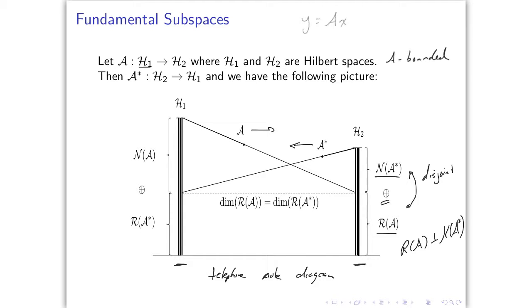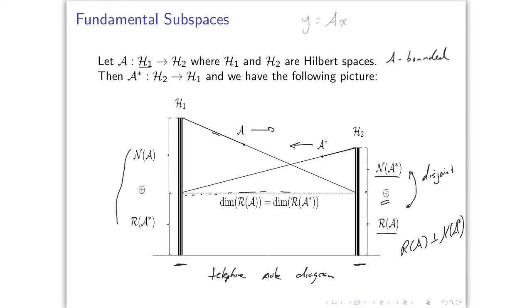Okay, and then similarly, H1 can be decomposed in terms of the null space of A, an orthogonal decomposition in terms of the null space of A and the range space of A star. We'll prove that. We haven't shown it yet, but that's something that we'll show. Another interesting property that will be key to solving these operator equations is represented by this dotted line here.